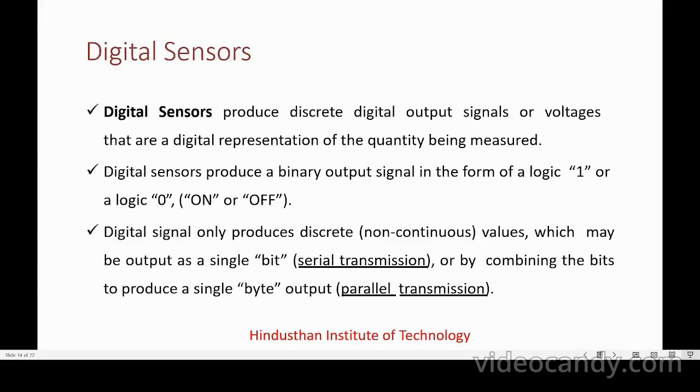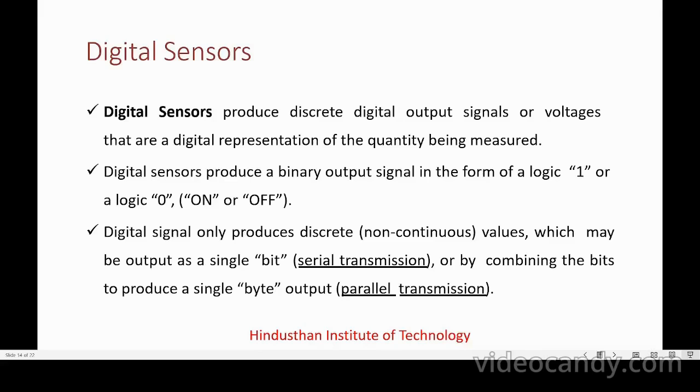So next definition is a digital sensor. Digital sensors produce discrete digital output signals or voltages. That means there is a digital representation of the quantity being measured. A digital sensor always produces a binary output signal in the form of ones and zeros. One is the on state, zero is the off state.